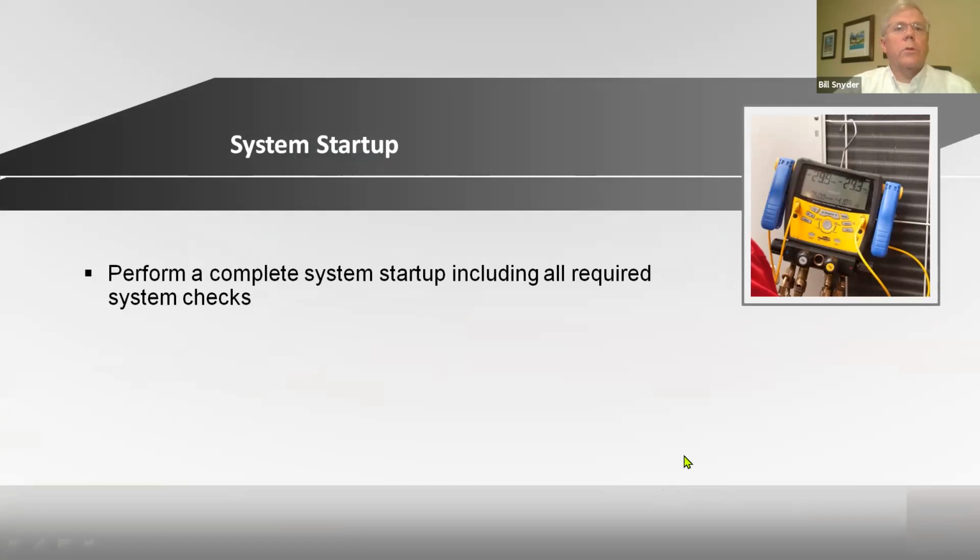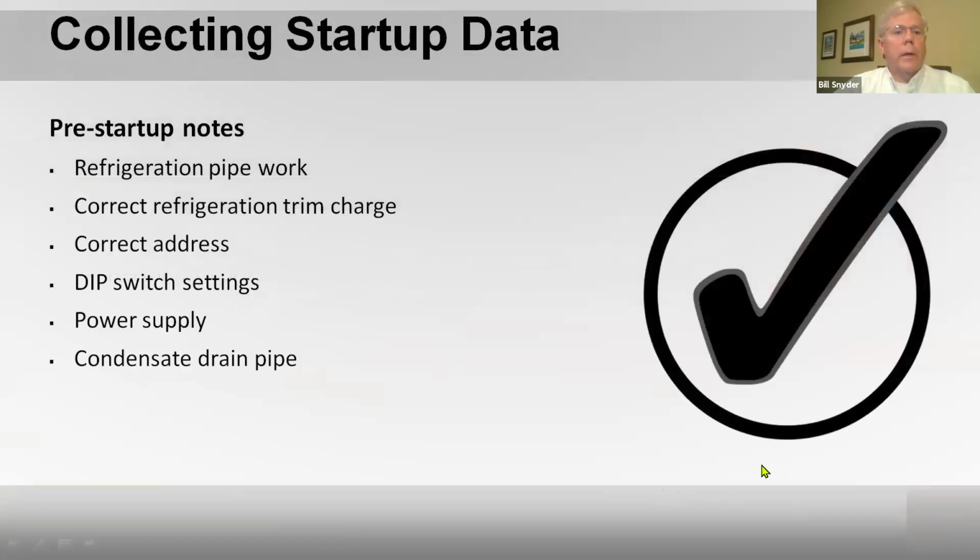Okay, we're going to go system startup here real quick. Some things to look at, good practices, make sure your refrigerant pipe work is good, correct refrigerant trim charge if you have to. Make sure that addresses are correct. If you need to set an address like on the branch box unit or possibly on a P series where you're using multiple units off of one control, you would set an address.